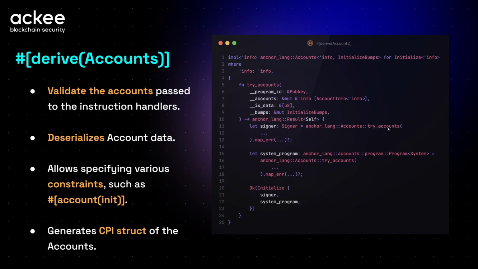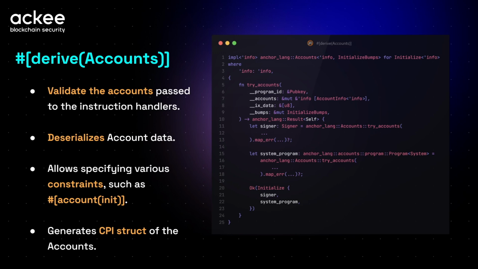This function of Anchor performs checks that the account is actually a signer. The same goes for the system program, but in this case it expects it as a program which should be the system program. Under the hood it checks that the account is executable and that it is the system program. So instead of specifying all of the checks as in vanilla Solana, you can just write one line, like pub signer, and you expect the type to be Signer, the account type.